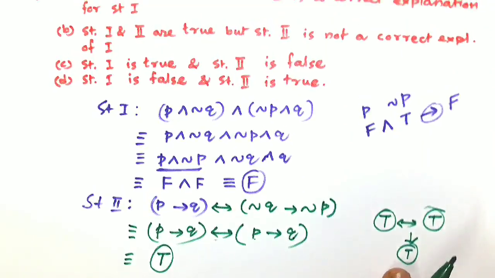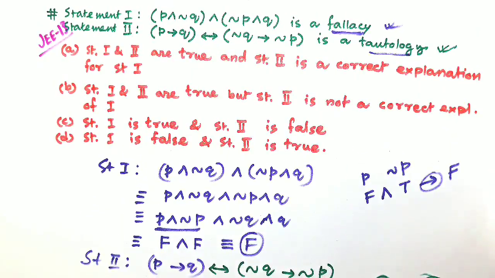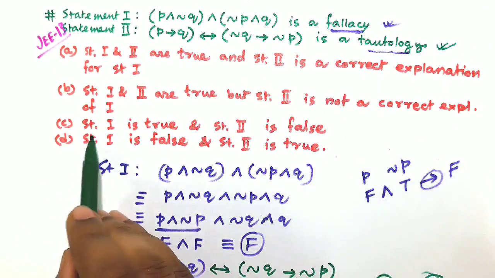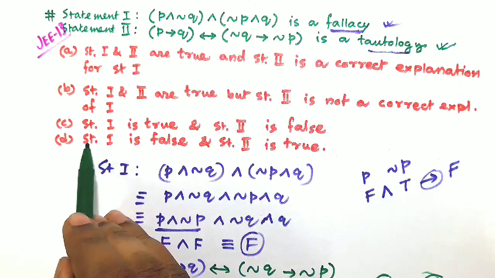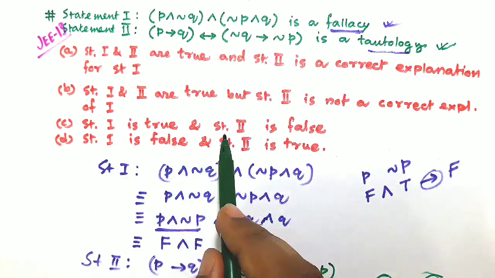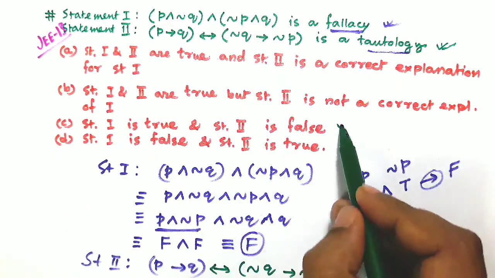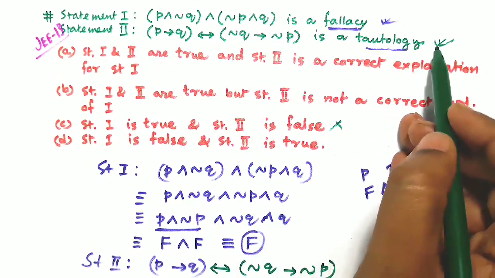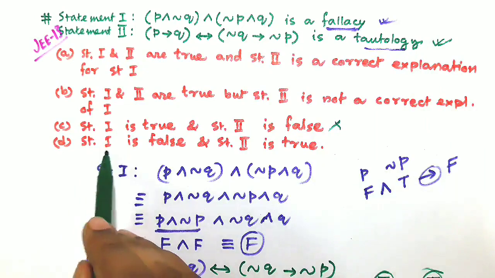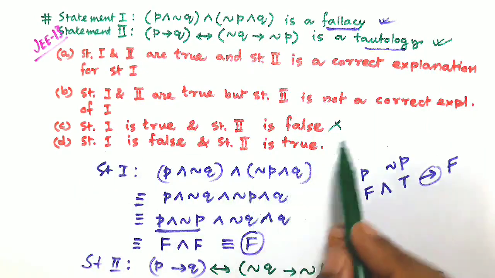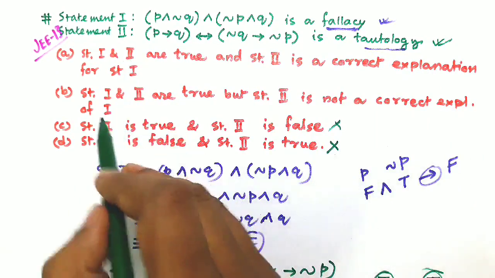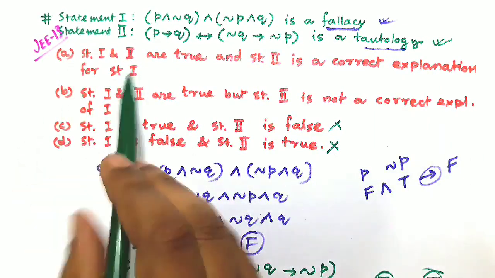Okay, now friends, see the options. Here the last two statements will not be correct. Statement 1 is true and statement 2 is false. This is not correct, as we have shown both the first and second statements are true. Statement 1 is false, statement 2 is true. This is also not true. So out of these, A and B, you have to choose one.